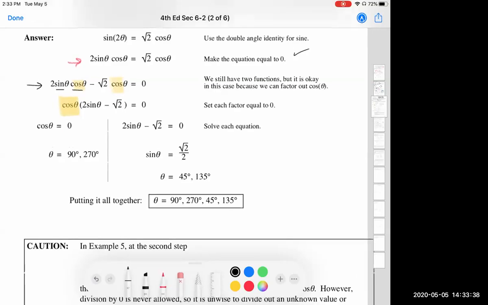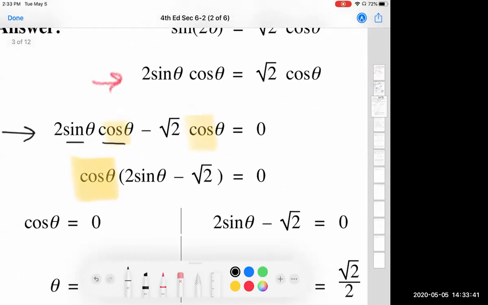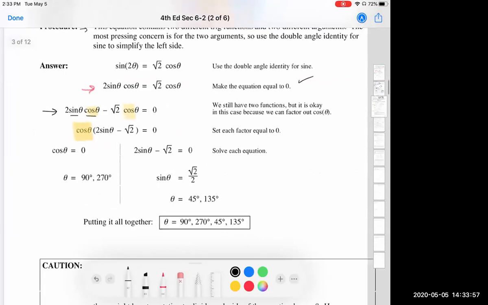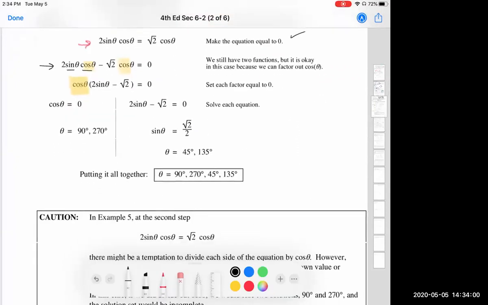I know you might be thinking, hey, what's going on? We have a mixture of cosine and sine. What makes this okay is that the different trig functions are not being added or subtracted. Because it is being multiplied, we can factor so that we can write each factor equal to 0.